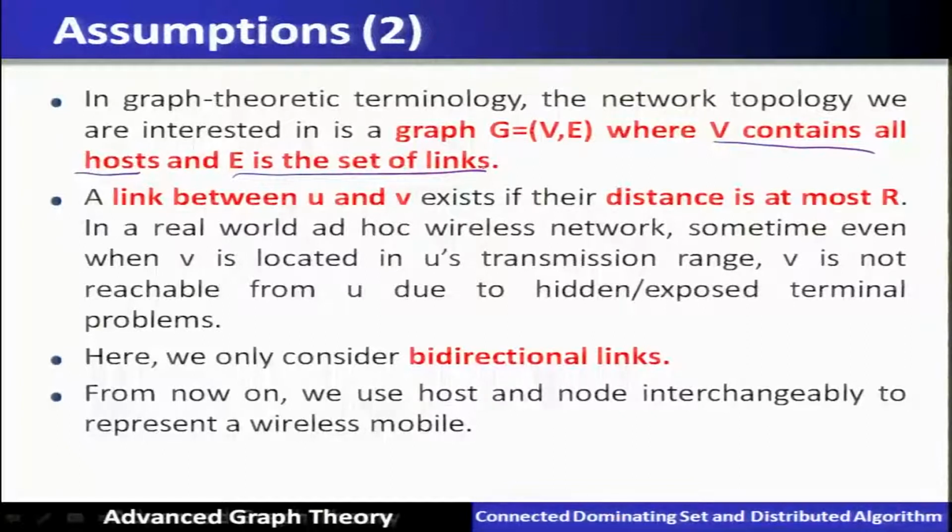So a link between the two nodes u and v exists if their distance is at most R. In the real world the scenario is quite different, but for our study of the algorithm design we will assume that if the distance is at most R, they establish a link between the two nodes. Also we will consider that the links are bidirectional, that is if u is able to communicate to v, then v is also able to communicate to u, hence the link is bidirectional between u and v in our model.